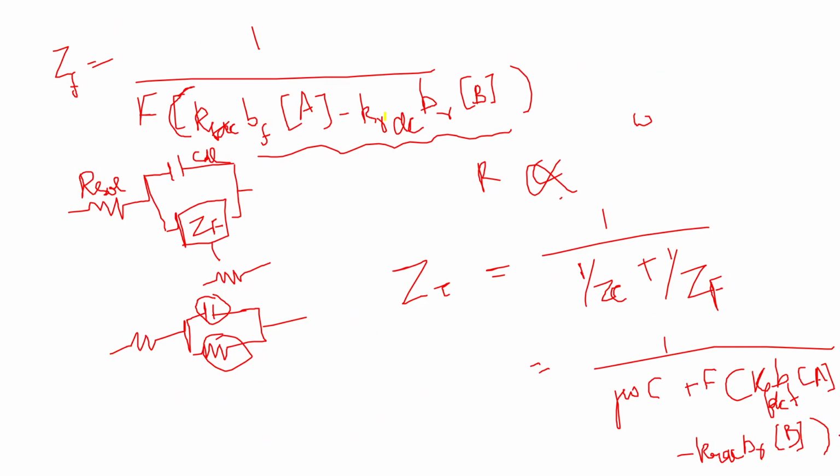Then the impedance equation will be written and you'll try to physically tell what the Zf is. Is it a resistor alone, a combination of resistor and capacitor, or an inductor and a resistor? And you can also write the total impedance if asked in the question.